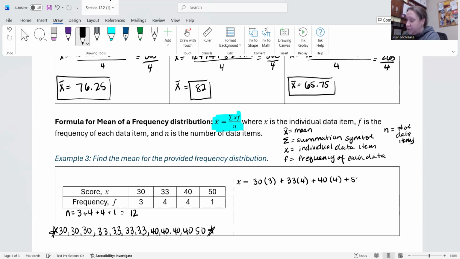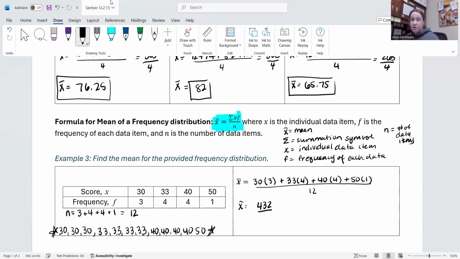And then we have a score of 50, which occurred once. And then we need to divide all of that by 12. So let's see what we get. Again, use your handheld. We have 30 times 3 plus 33 times 4 plus 40 times 4 plus 50 times 1. And I get 432.